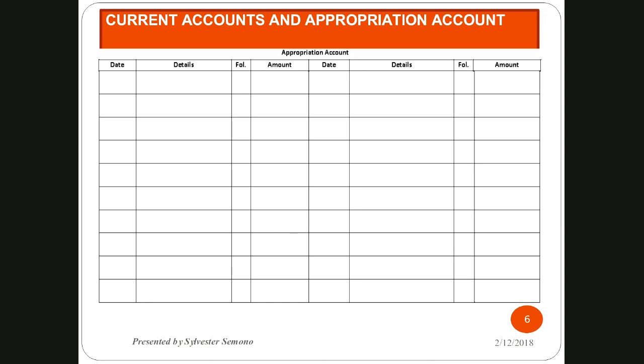So we come to the credit side and say 2017 June the 30th, and we put profit or loss account. And as I said here, we use GJ.